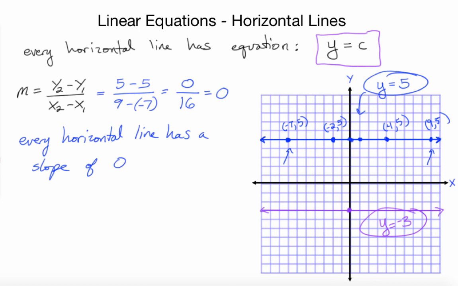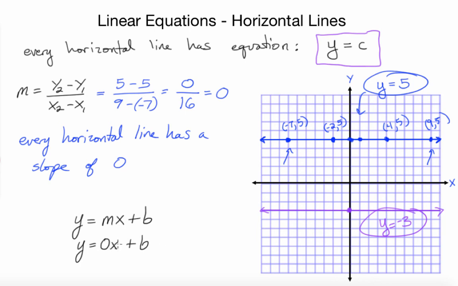And if you really want to break it down, you can think of it this way in terms of slope-intercept form, y equals mx plus b. Well, if it's a horizontal line and it has a slope of 0, we put 0 in for m, we end up with y equals 0 times x plus whatever the y-intercept is.